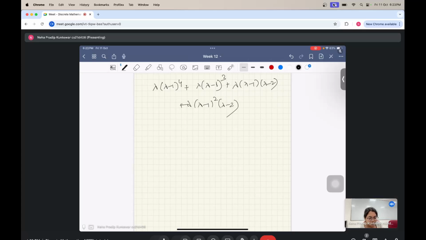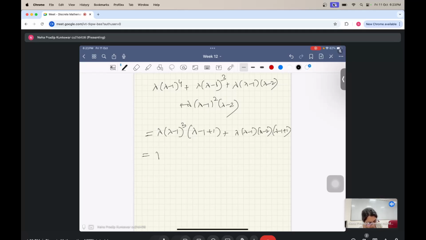If you try to expand this, what you finally get is lambda times (lambda minus 1) cubed times ((lambda minus 1) plus 1) plus lambda times (lambda minus 1)(lambda minus 2) times ((lambda minus 1) plus 1).